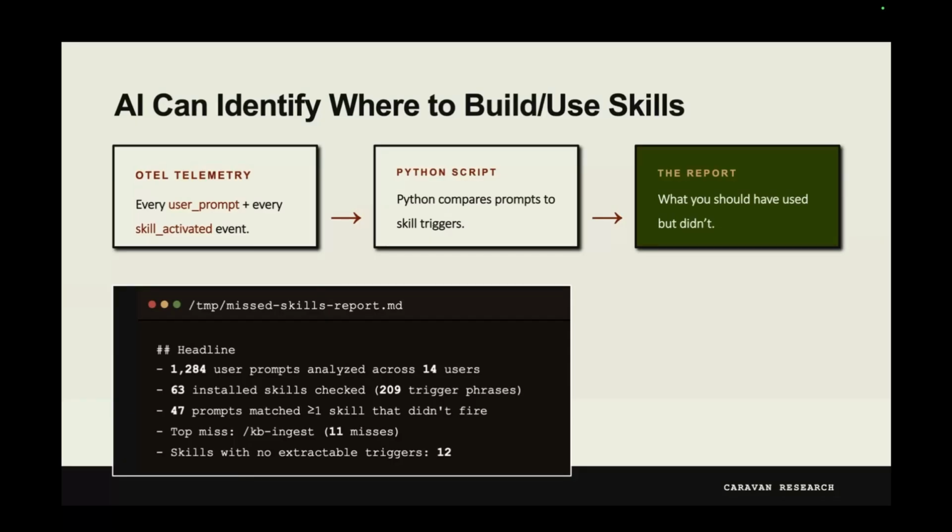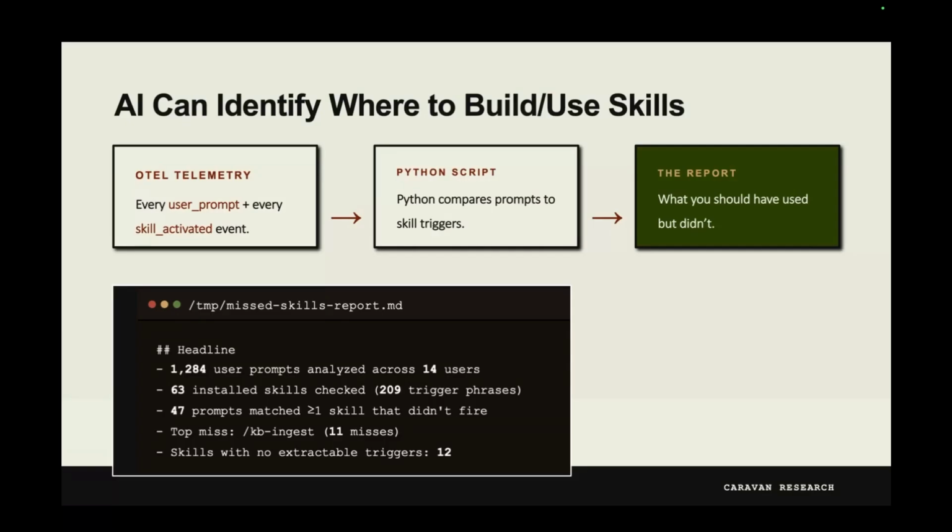And so we have a goal as a team of getting that number to 50% for the whole team. Not every piece of work you do with AI is work that would use a skill. We recognize that. But we want to be at least 50%. We think half the work we're doing is repeatable things that we think AI should be able to help us with.